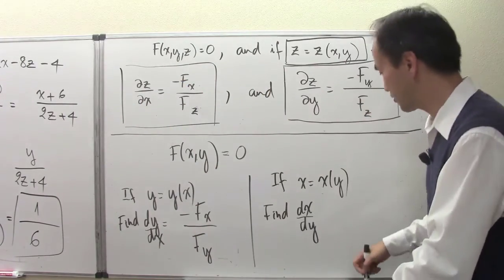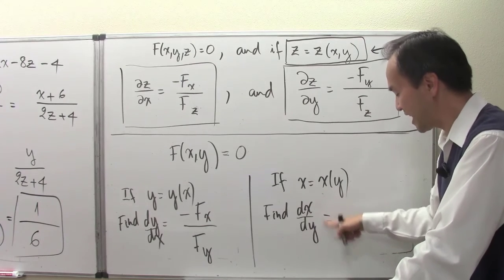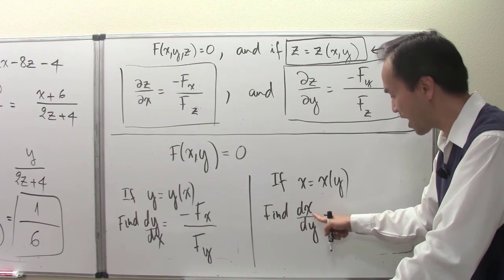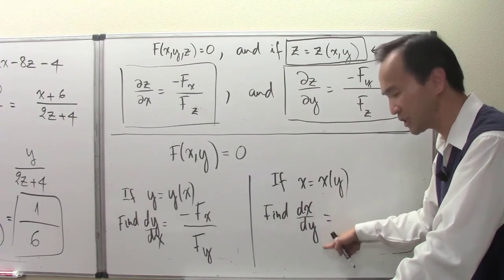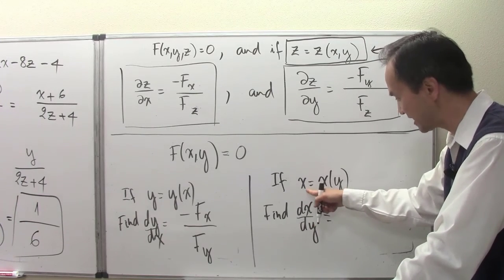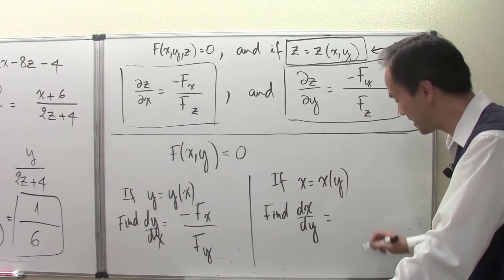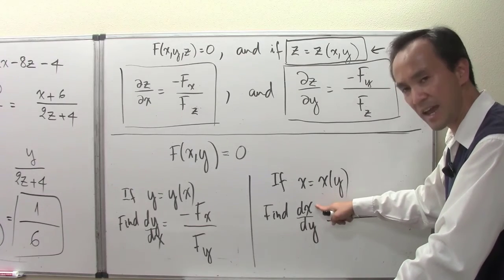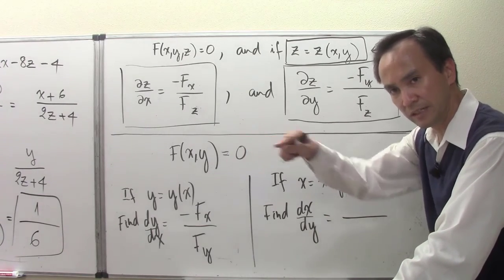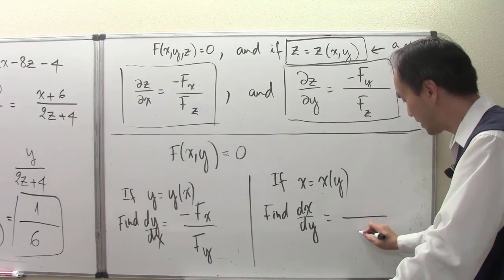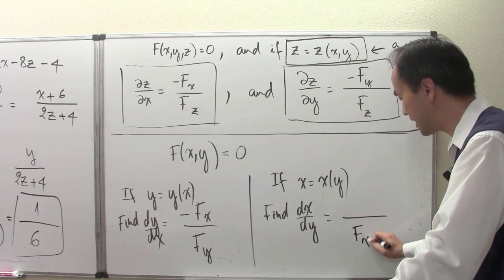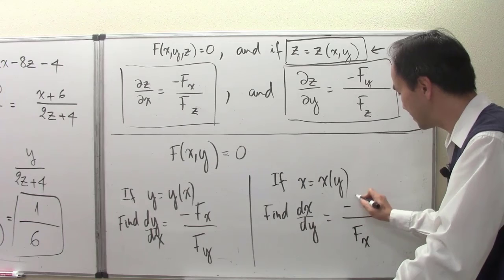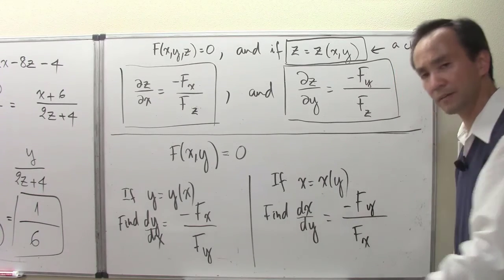Similarly, in this case, if we are required to find dx/dy, because we treated x as the implicit function in terms of y, then we can do the following. The letter x here is playing the role of the implicit function, so I'm going to put capital Fx in the denominator, and then minus capital Fy on top.